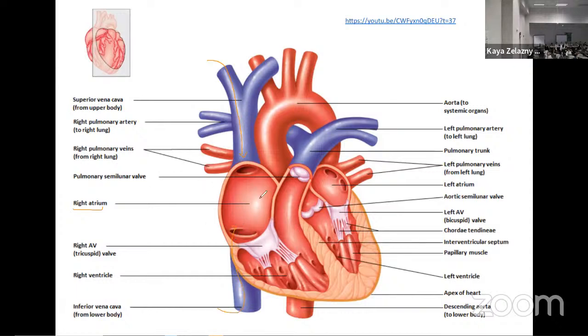Your right atrium is connected to a ventricle. In sum total, we're going to see 2 atria at the top of the heart and 2 ventricles at the bottom. So blood is going to flow from that right atrium through a valve called your right atrioventricular or tricuspid valve into this right ventricle.